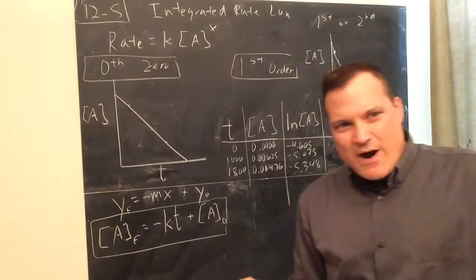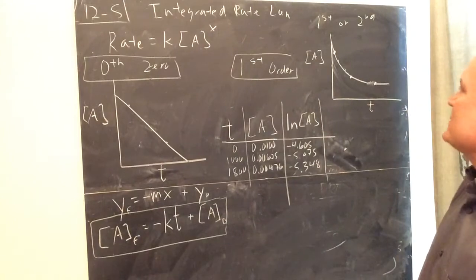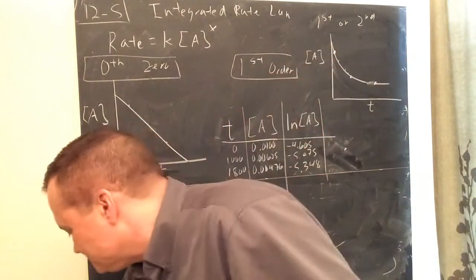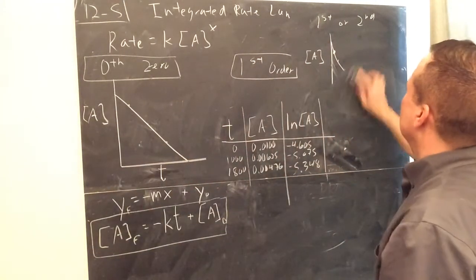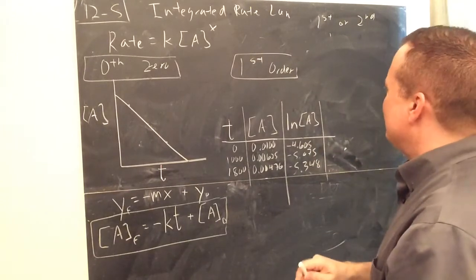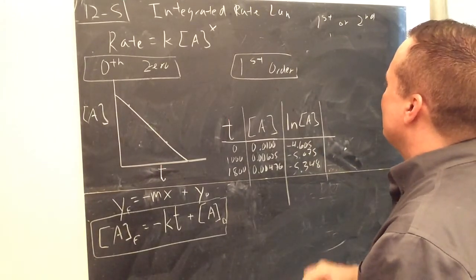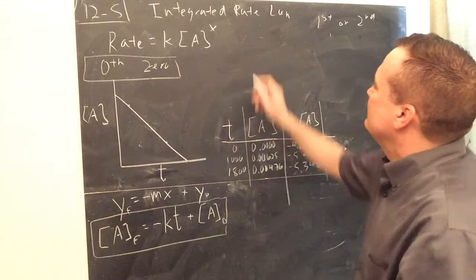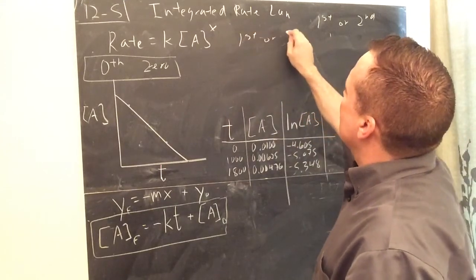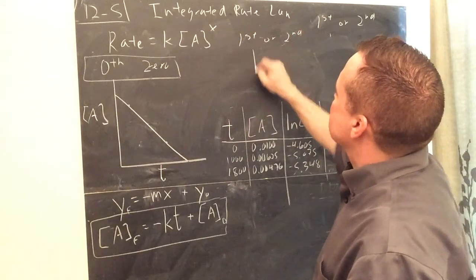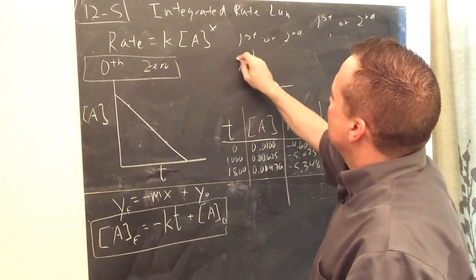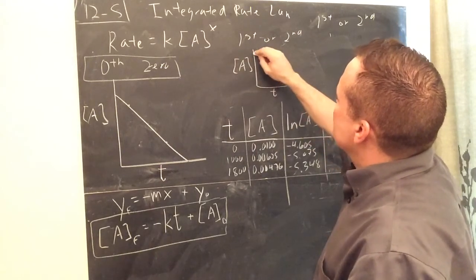Now, why did we find the natural log? Well, here's what happens in the first order. For first or second order, remember, concentration versus time gives you a curve.